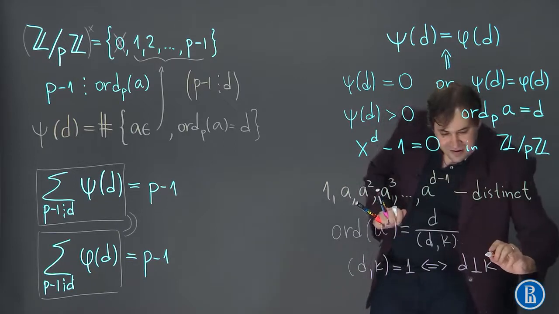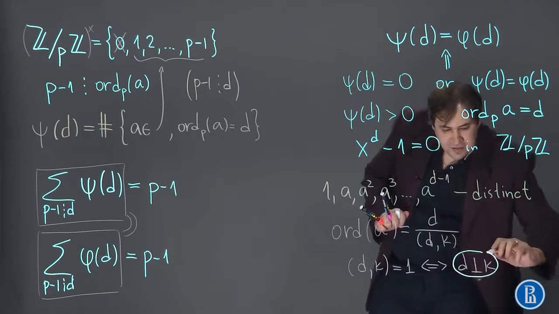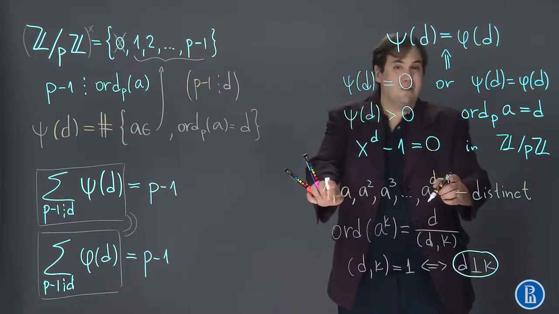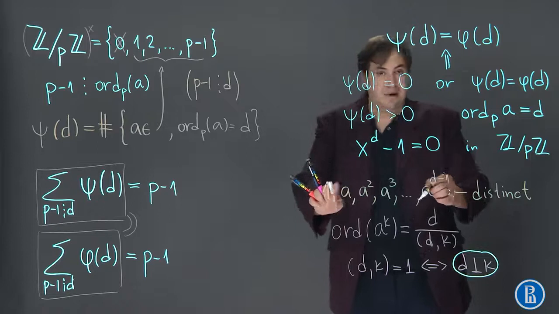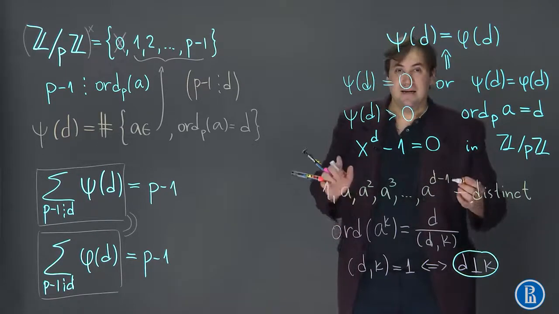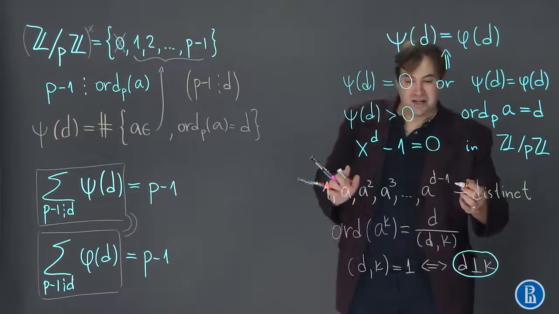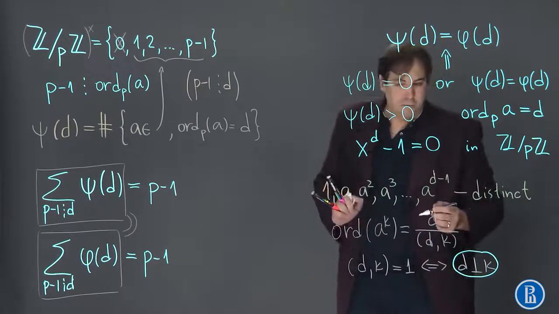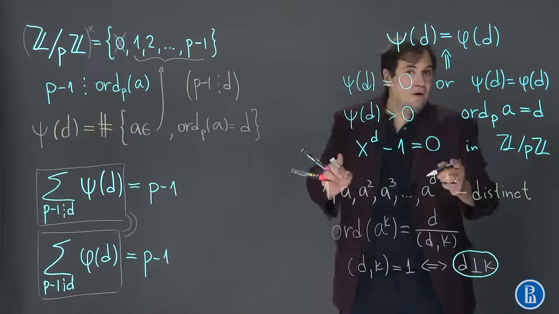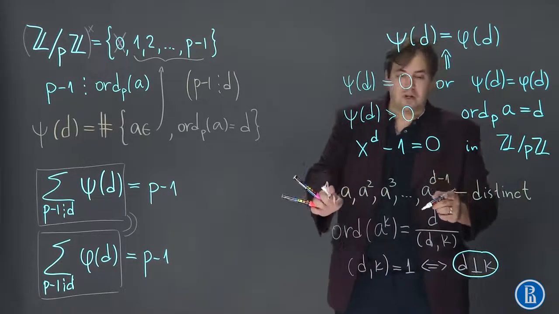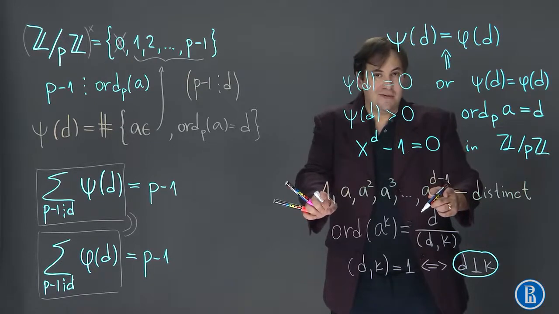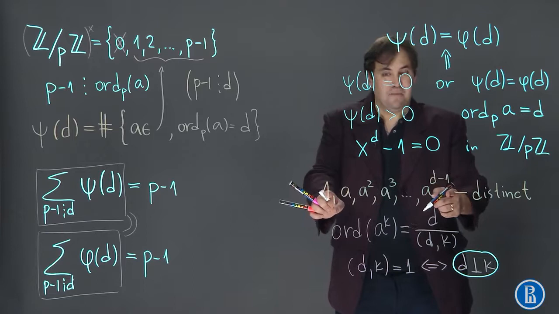Well, if k should be mutually prime with d, and k is a power between 0 and d minus 1, then we understand that there are exactly phi of d such k's. So in this case, all possible elements of order d are in this list, but not all of them have order precisely d.